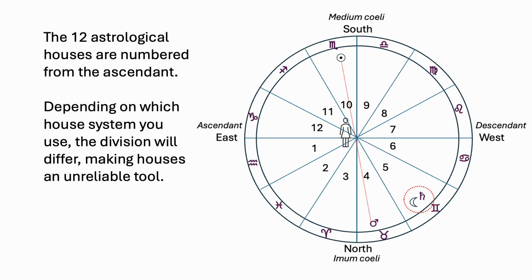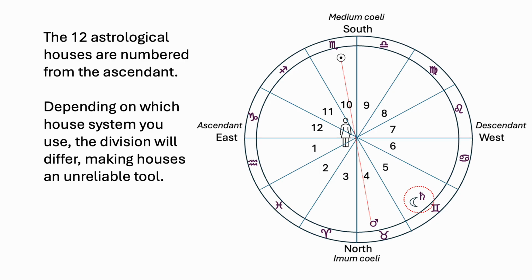Other house systems divide the birth chart differently. They all start at the ascendant, but the houses are not equal in size and can differ substantially depending on the underlying calculations. The further north a person is born, the odder it will look. So what are houses? In general, they are supposed to tell us in which life situation a certain energy will have its impact.